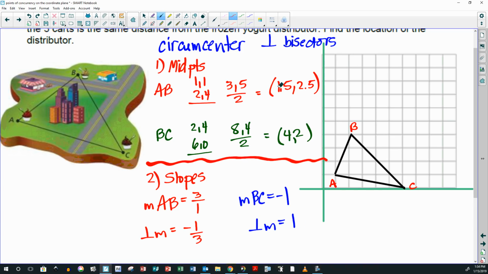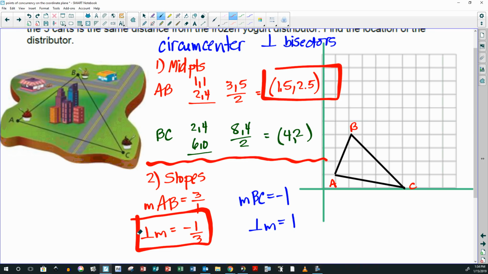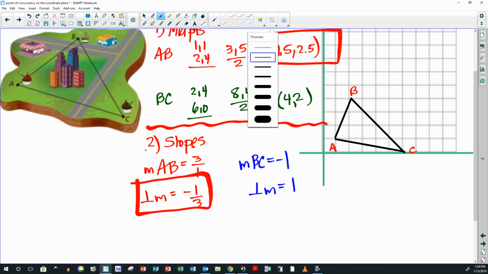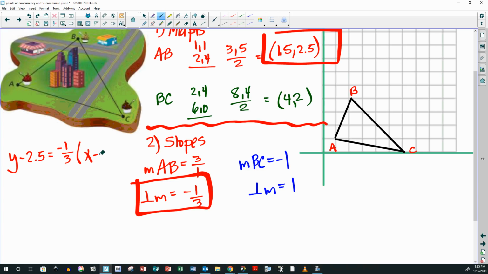So now I have a point and a slope. So I can do point slope and get the equation of that perpendicular bisector. So let me scroll up a little bit. All right. So y minus y1 equals m times x minus x1.